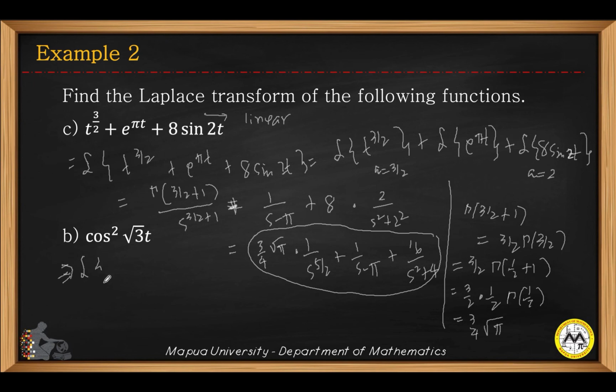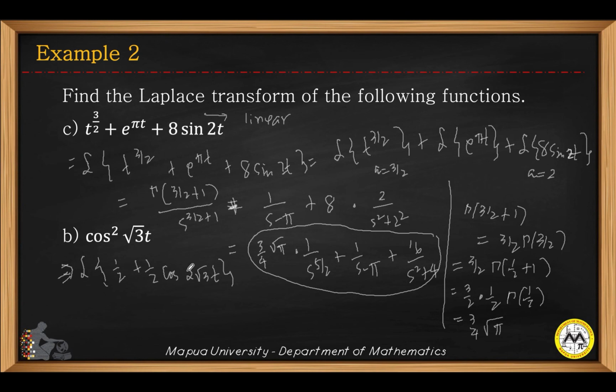We can simplify this into 1 half plus 1 half cosine of 2 square root of 3 multiplied by t, applying the double angle identity. So cosine squared theta is 1 half plus 1 half cosine 2 theta. This is our theta, so it is multiplied by 2.